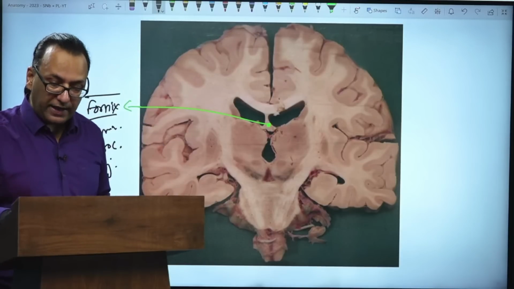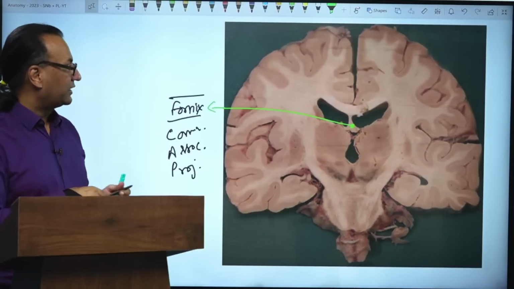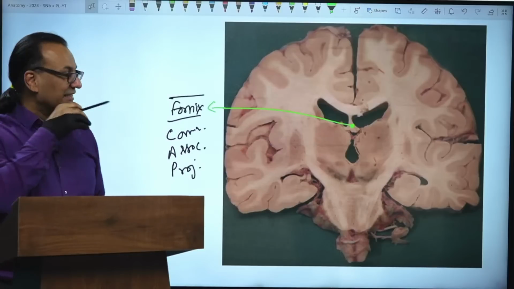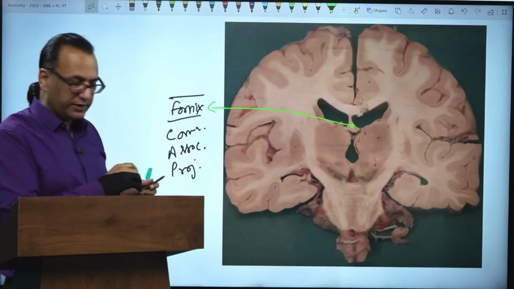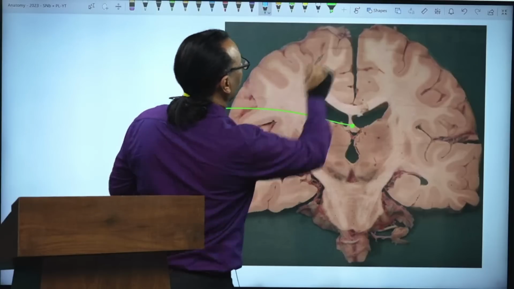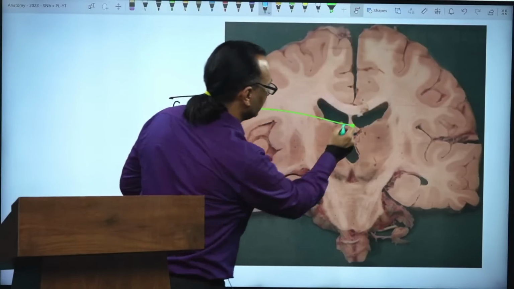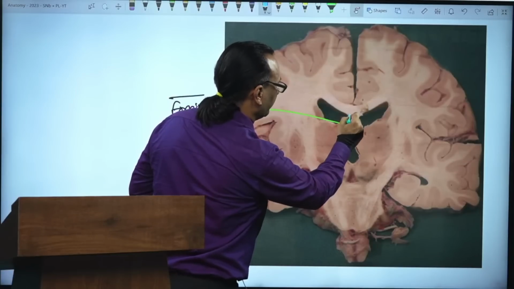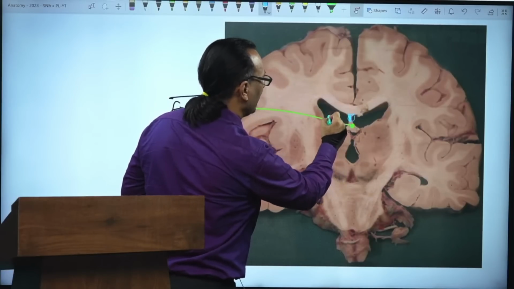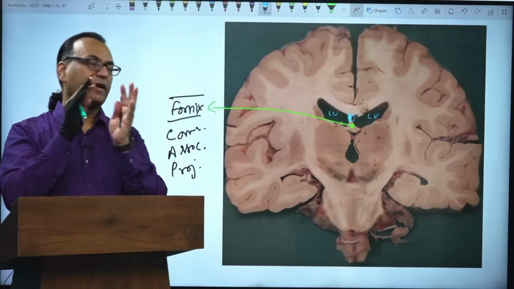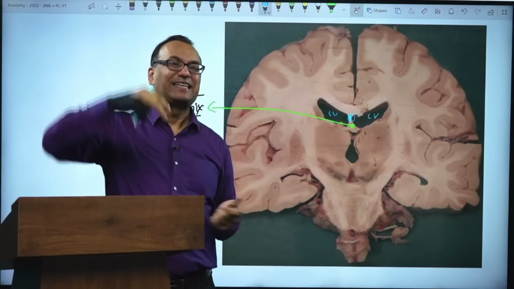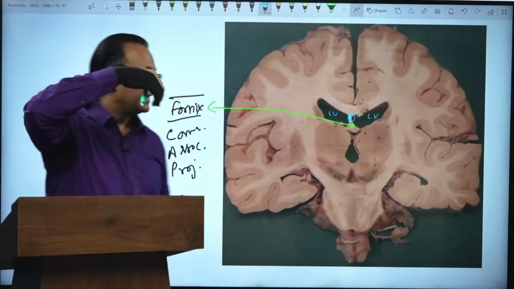You have already identified that this is the fornix, and the septum pellucidum is here. This is the septum pellucidum, which separates one lateral ventricle from the other, but attaching to the septum pellucidum is the fornix.